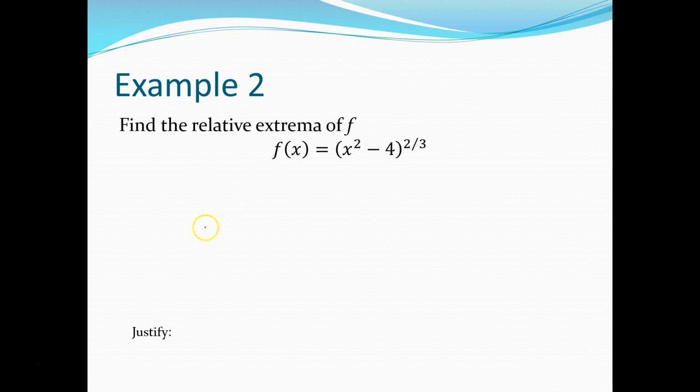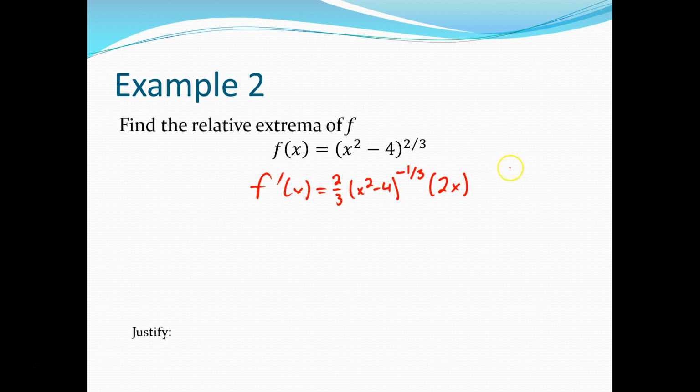So our derivative, f prime of x, is going to be, well, we're going to have to use chain rule here. So we'll have 2/3, leave the inside function alone, x squared minus 4, raised to the negative 1/3 power, multiplied by the derivative of the inside, which is 2x.